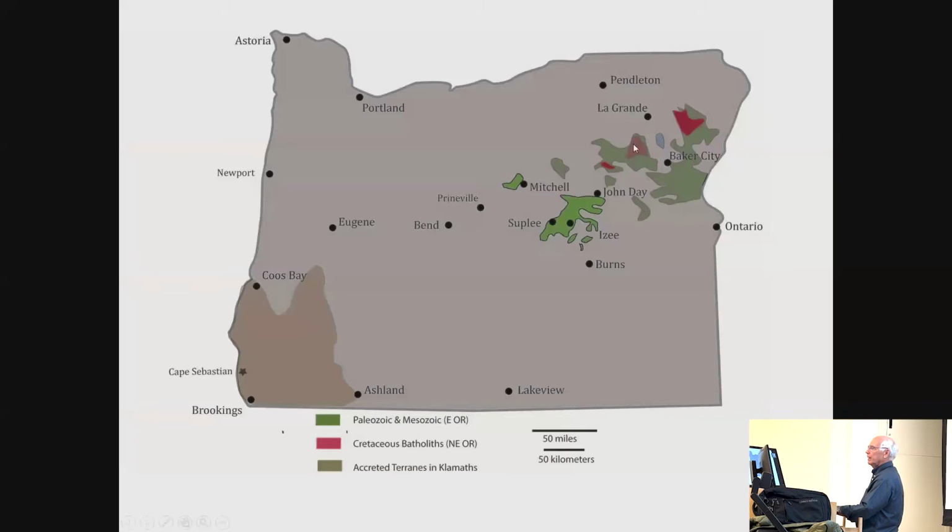And so again, here we are in the Suplee and Izee area. It's the Suplee area where we have found some vertebrae, and it's in Suplee where we found the thalattosaur from the upper Triassic. And we also have vertebrae from the lower and the middle Jurassic of ichthyosaurs here.